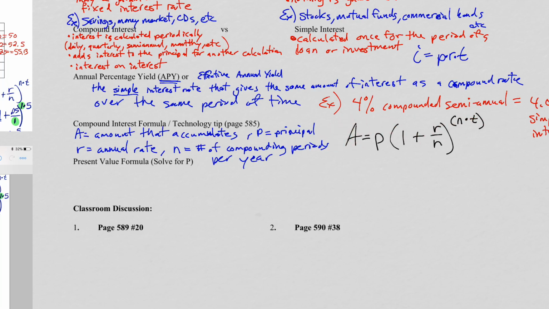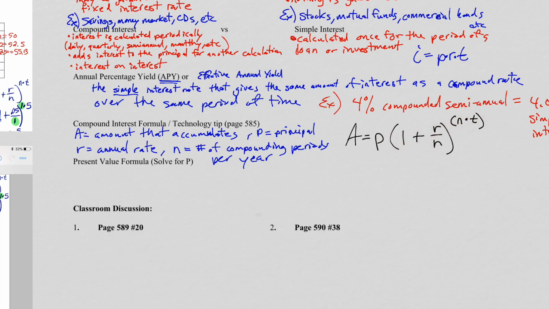Well, the present value formula is, if I want to have a goal of, say, 10,000, or enough to buy a car or a house or a down payment, how much do I need to invest now with these conditions in order to reach my goal?